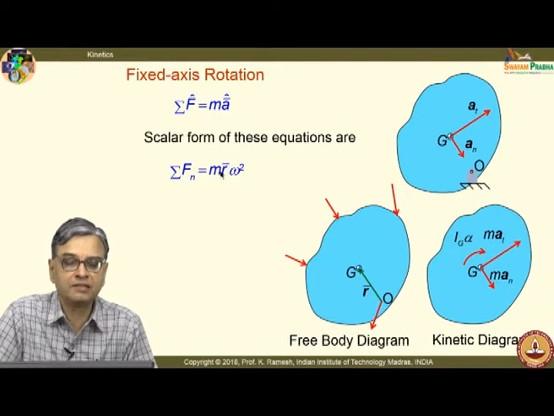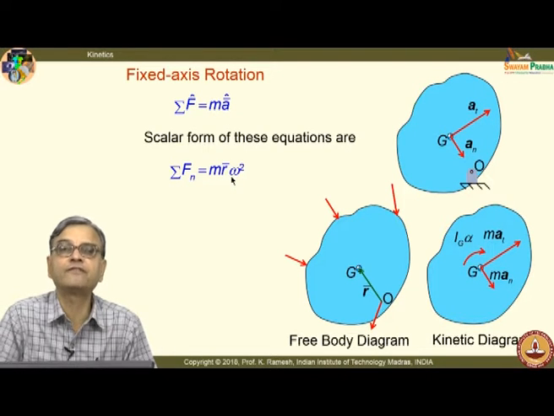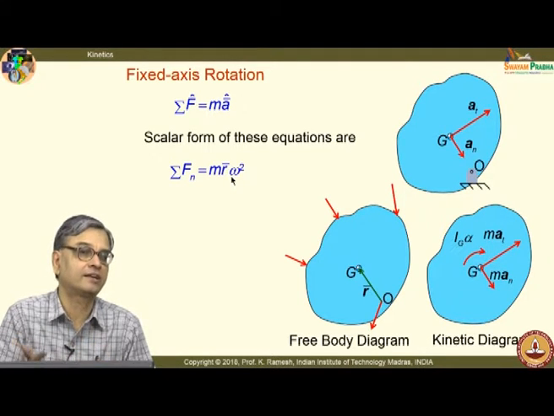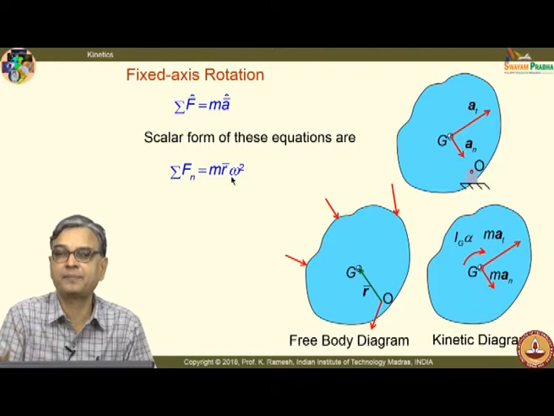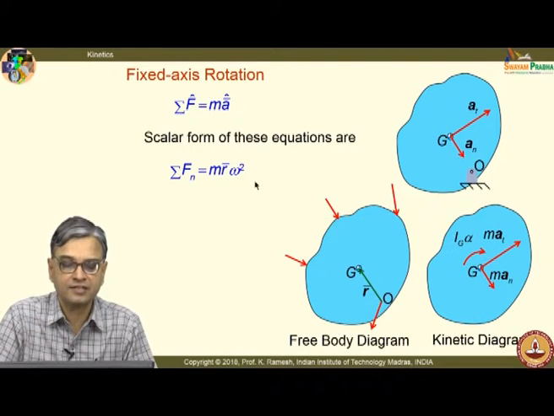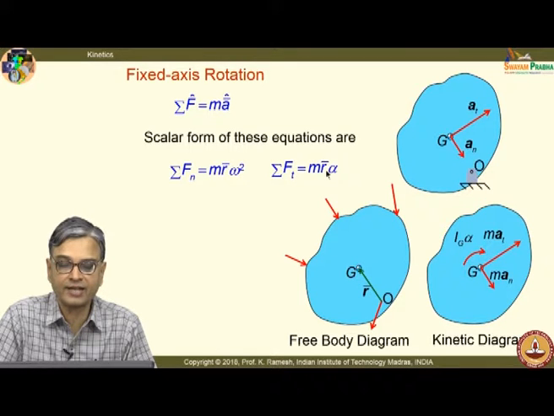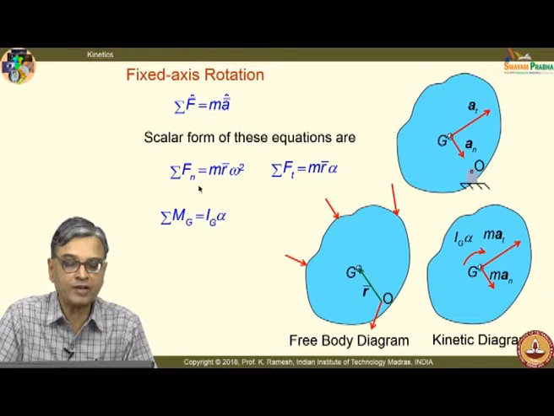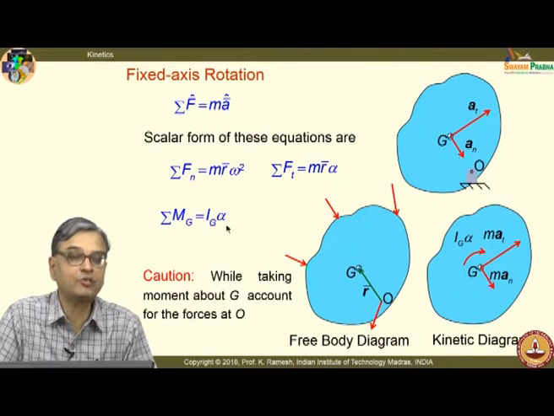You know, in this book, anything referred to the centroid, we are putting a bar. R bar means it is referring to the centroid. So, m r alpha, that is dictated by the axis of rotation like this. So, I can write these quantities, and I also have M_G equal to I_G alpha.